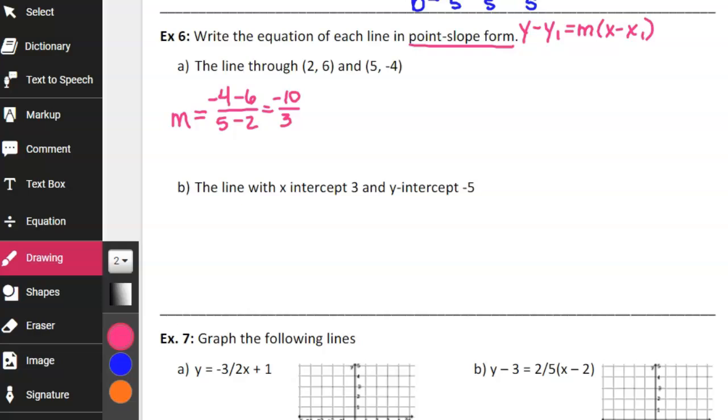Now that you have your slope, you get to decide which point you're going to use for your x1 and your y1. I'm going to use both of them, and that way you get the idea of which equation kind of looks the way that you want it to look, but both of them will be correct. So your point-slope form starts out with y minus y1, so let's use this as y1, equals m times x minus x1.